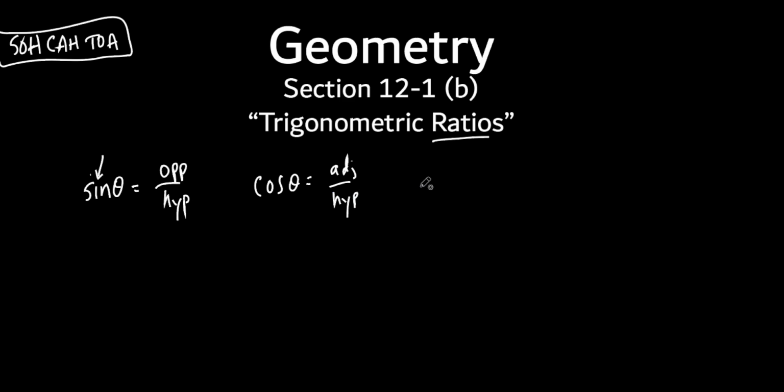The hypotenuse. And then the tangent of that particular angle is the opposite over the adjacent. And again, use that little trick, if you want to call it a trick, to remember these trig ratios. All right, because it's going to be very important.